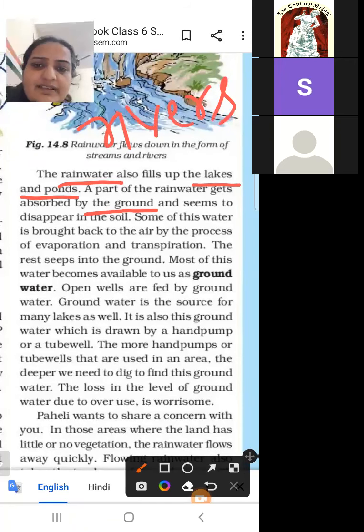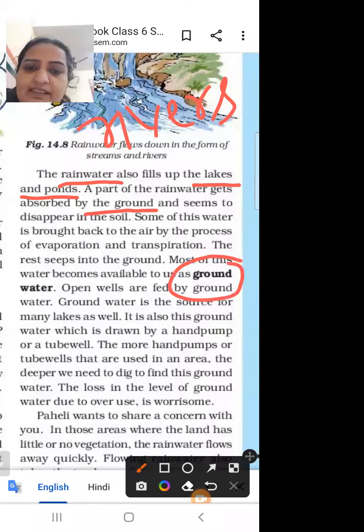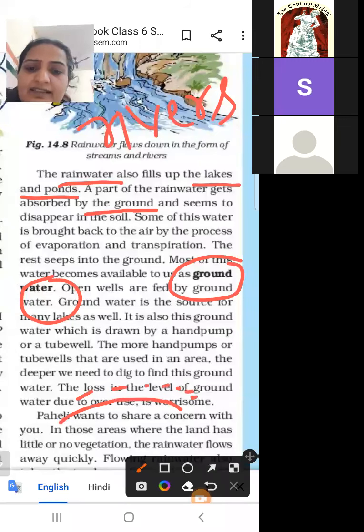जो रेन वाटर है हमारा कहाँ कहाँ जाता है, lakes में, rivers में, and into the ground. And this water is known as groundwater. And when this groundwater is absorbed by the air, suppose there is water on the ground and it goes into the air with the help of evaporation or transpiration.